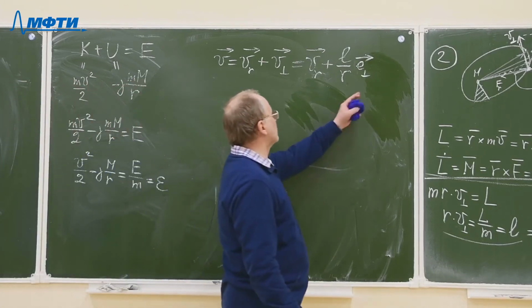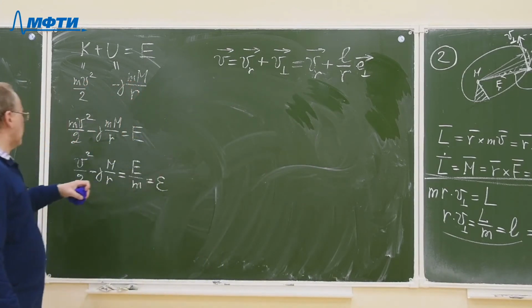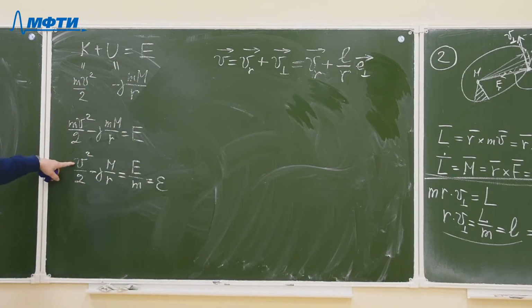It doesn't have much physical sense here because vector quantities will finally be turned into a scalar quantity after I find the square of this velocity.